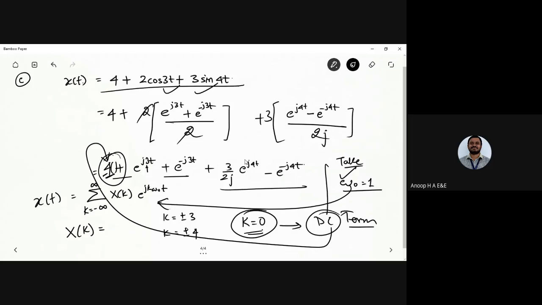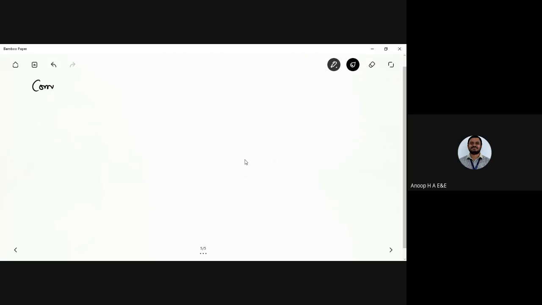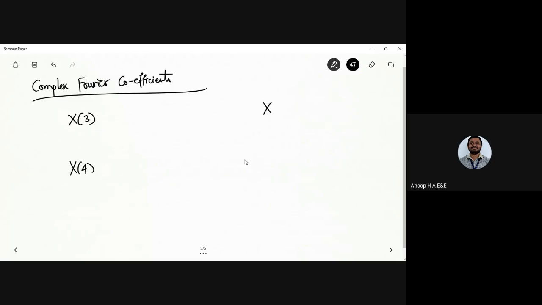Okay, so now let me check with all the complex Fourier coefficients here. Complex Fourier coefficients. Okay, so I have x of 3, next I have x of 4. Okay, next I have x of minus 3, next x of minus 4, next I have x of 0.